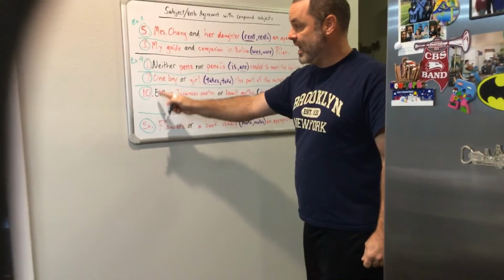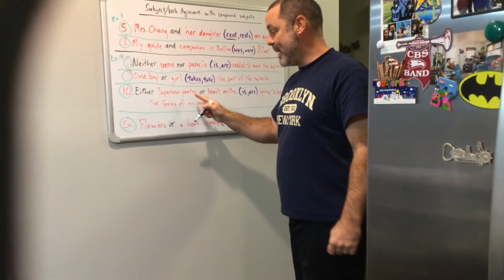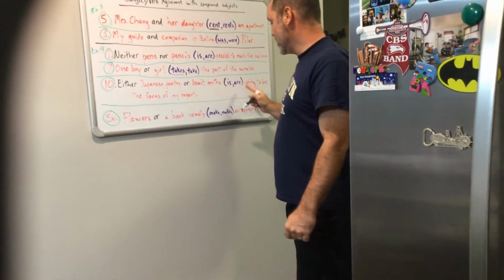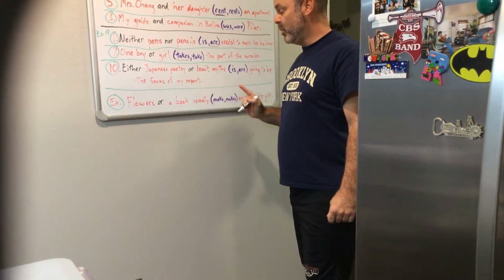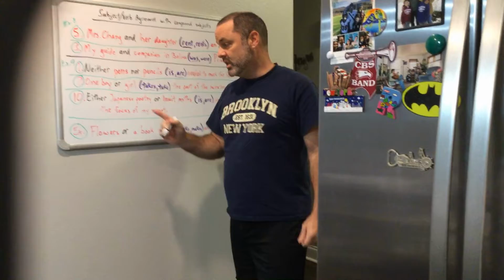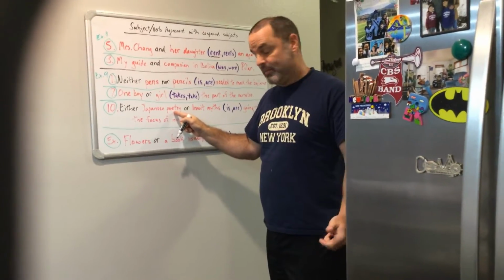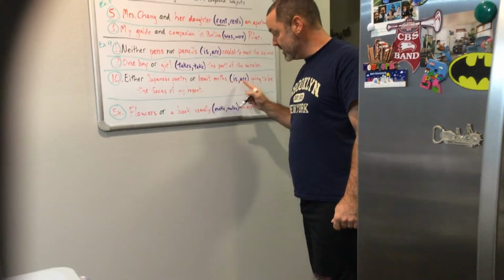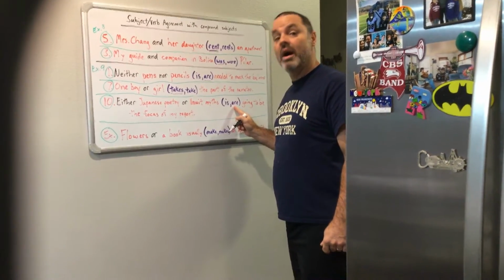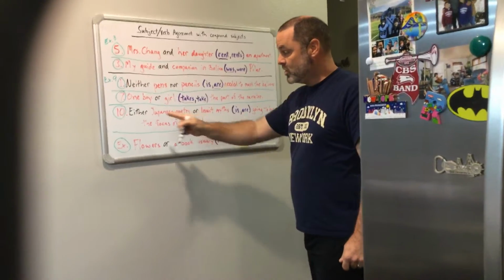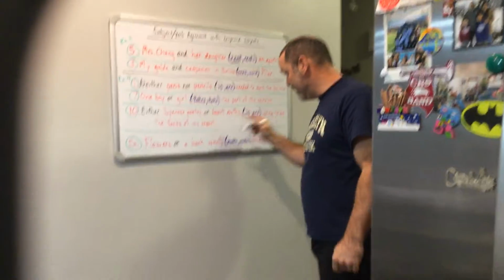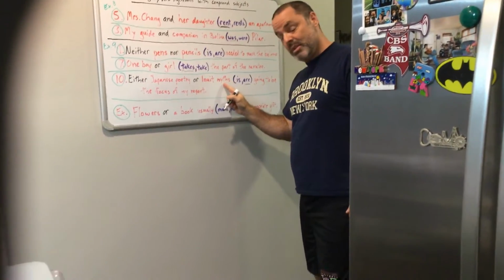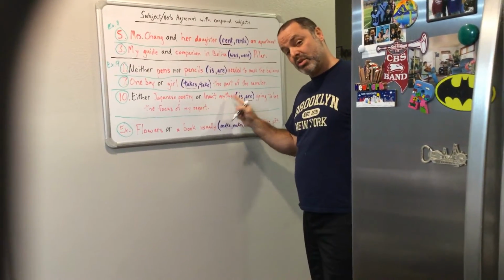So in number 10, in exercise 9, either Japanese poetry or Inuit myths are going to be the focus of my report. My two subject choices here are poetry, which is singular, and myths, which is plural. Because myths is closer to the verb, I'm going to use the plural form. So either Japanese poetry or Inuit myths are going to be the focus of my report, simply because the plural choice was closer to the verb.